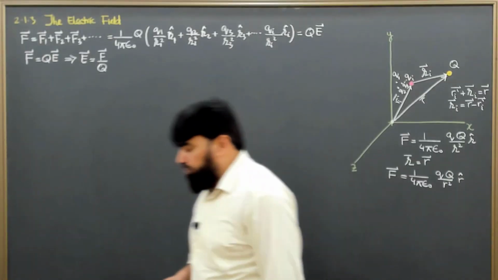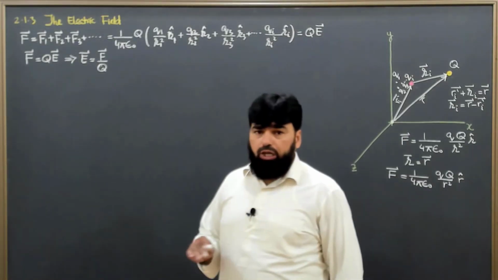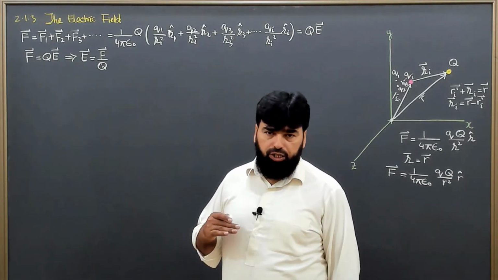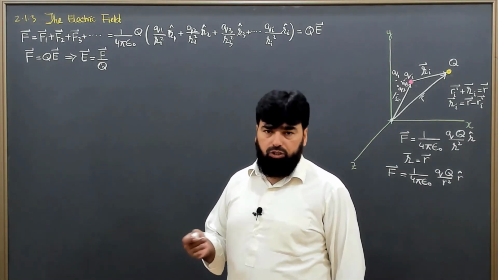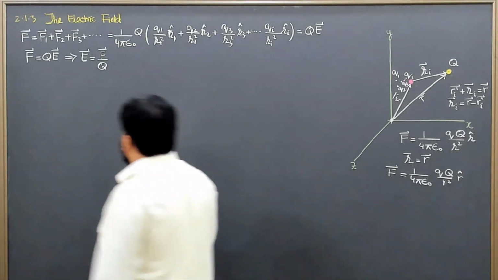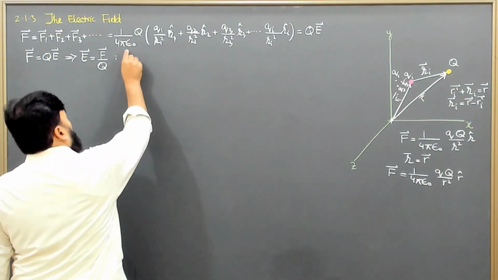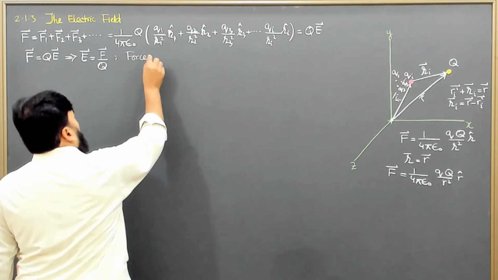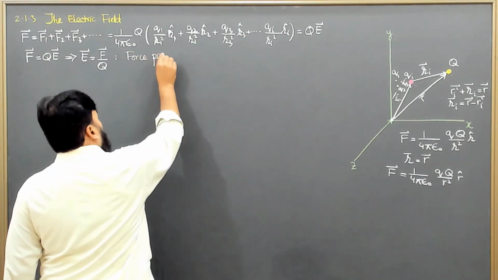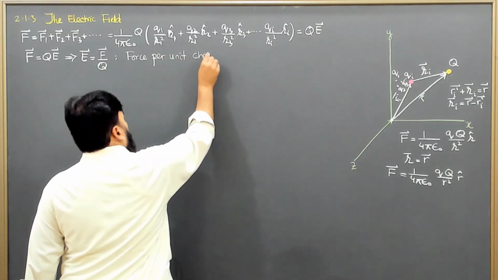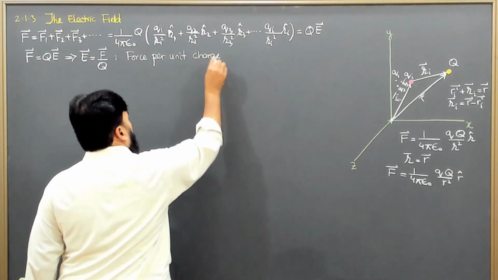So whenever we have a source of something, then that source will have a field, and the field will exert some force. Then we say that the electric field is basically the force per unit charge. Here the source is charge.